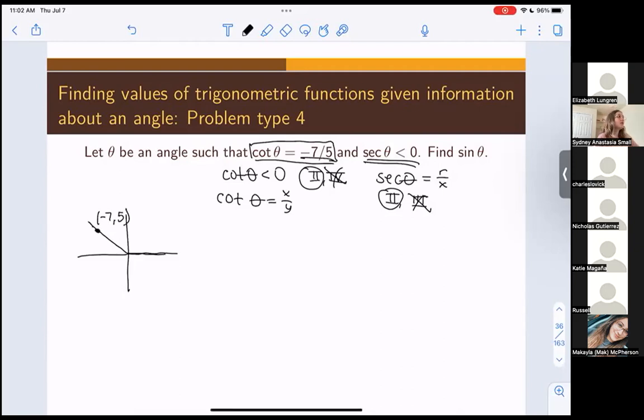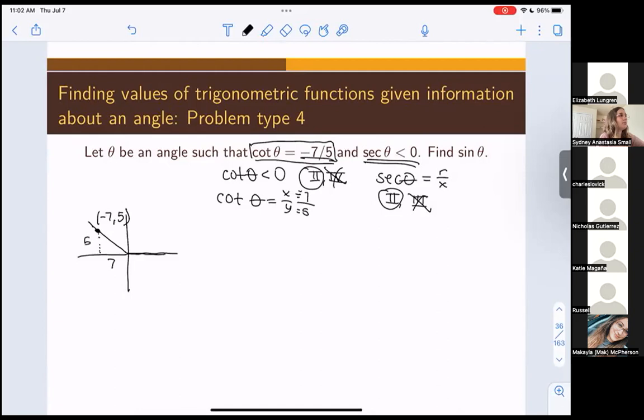And I know this because remember, cotangent is x over y, so the x equals 7 and the y equals 5, or -7.